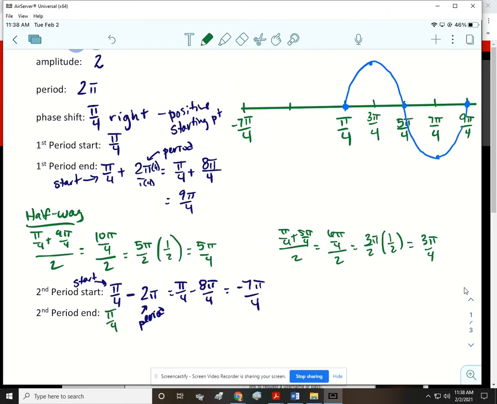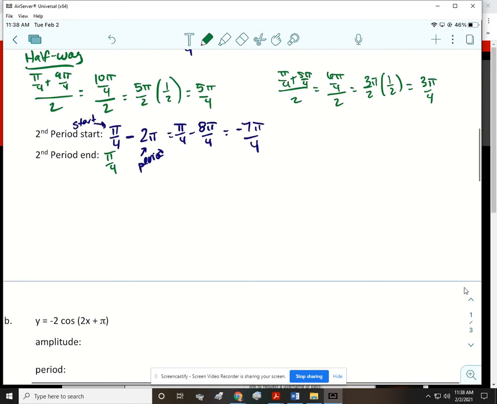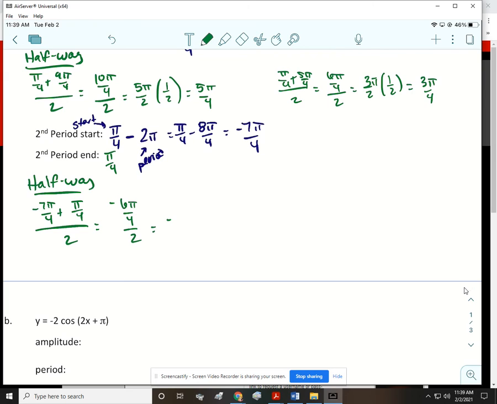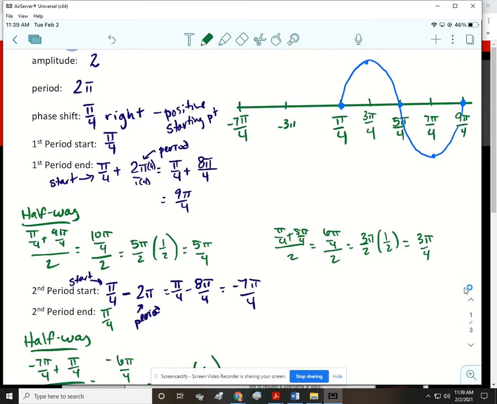Okay. And then we're going to start finding halfway points again. So I need to add negative 7 pi over 4 and pi over 4, and then divide by 2. Right, so that halfway is negative 3 pi over 4.